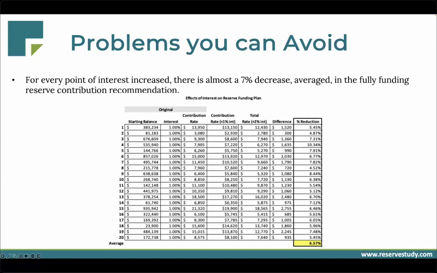We always recommend our clients put their funds in safe and liquid accounts, meaning the money must be available and you must not lose the principal. We want to be very, very careful. But again, there are potentially safe FDIC insured investment vehicles out there where you can get a higher yield. So just look into it and be aware of these options.